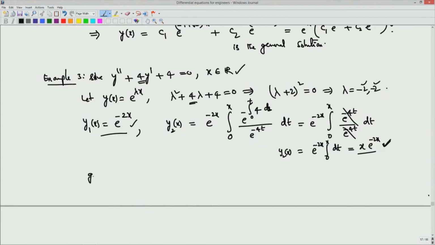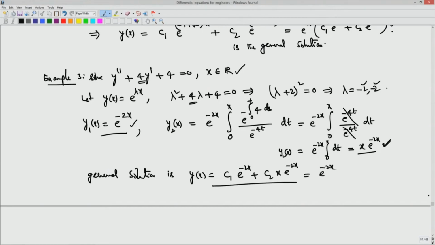The general solution of the given equation is y of x equal to c1 e power minus 2x plus c2 x into e power minus 2x. So, with e power minus 2x common, you have c1 plus c2 x. This is your general solution. This is how you solve when the roots are same.